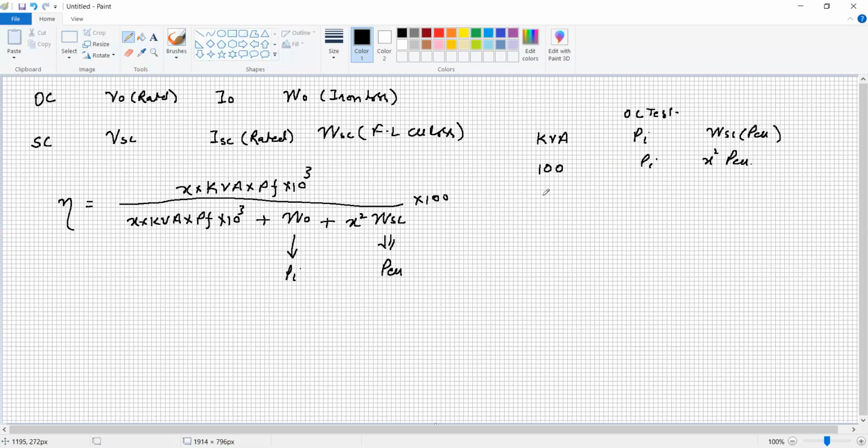Say it is 50%: PI will remain the same, whereas it is 0.5 square into PCU or WSC.